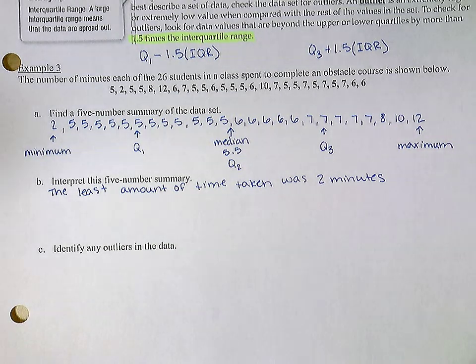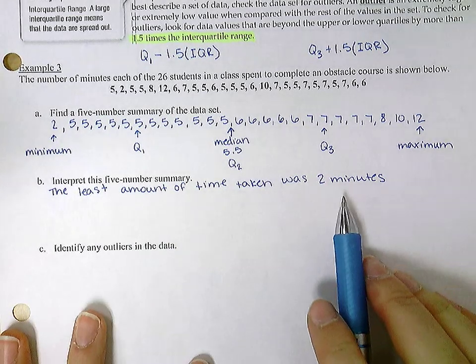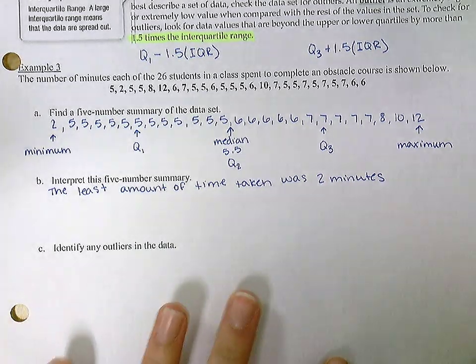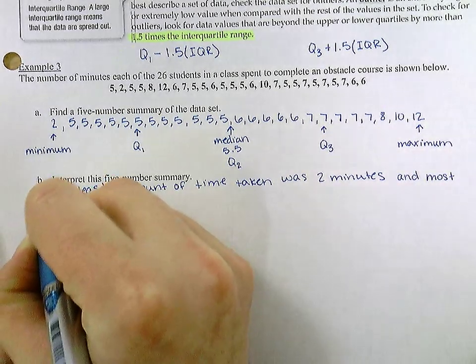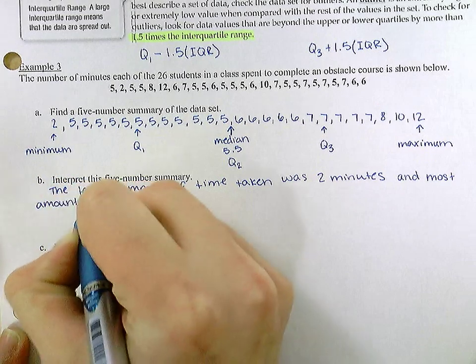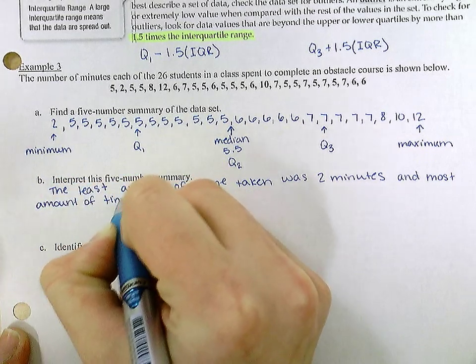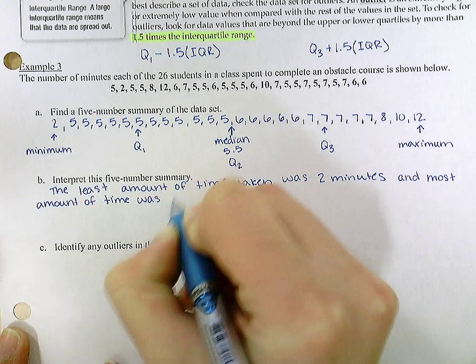And this is all times for an obstacle course of 26 students. Okay, so the least amount of time taken was 2 minutes. And the most amount of time was 12 minutes.